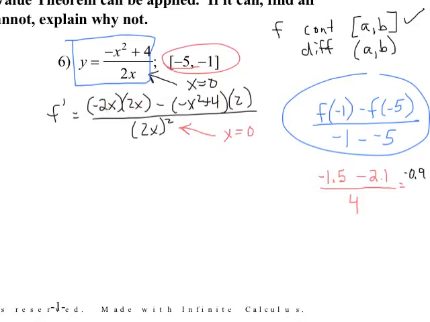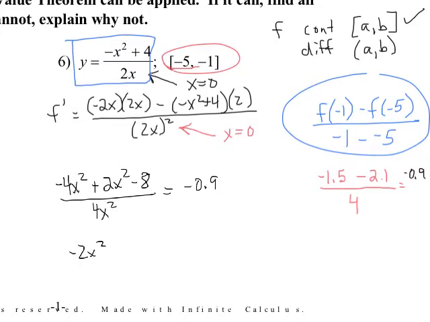So if I go about simplifying the top, I'm going to have negative 4x squared minus, that's plus 2x squared minus 8 over 4x squared is equal to negative 0.9. Negative 4 and 2 becomes negative 2x squared minus 8 is equal to negative 3.6 x squared.